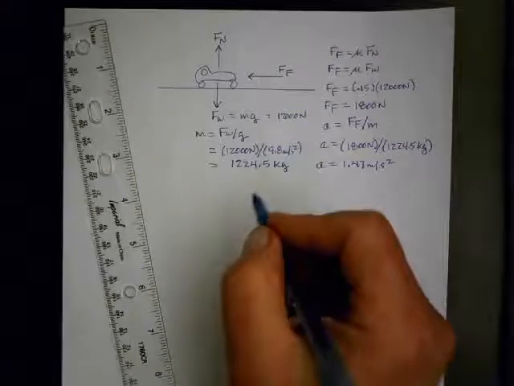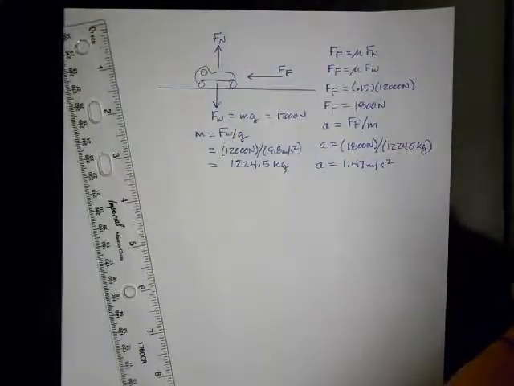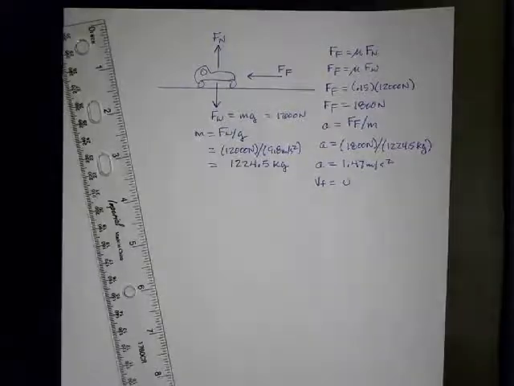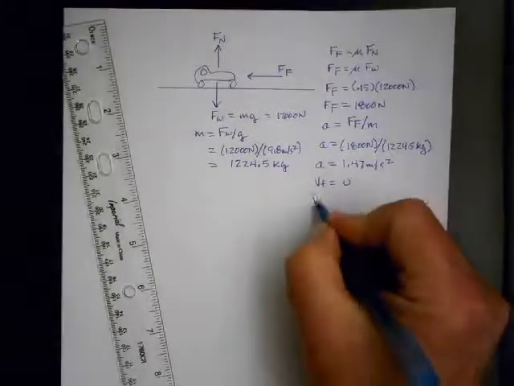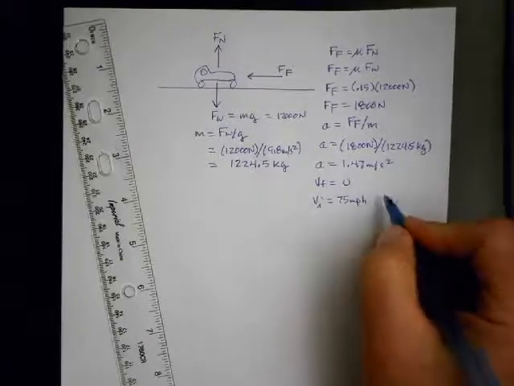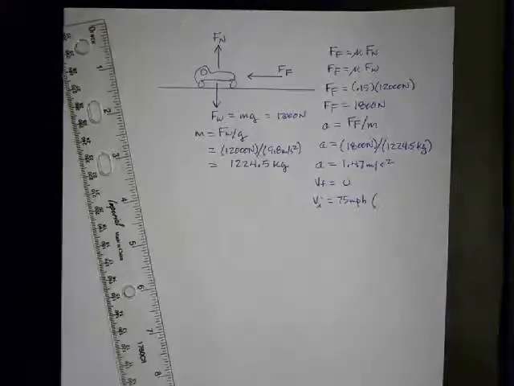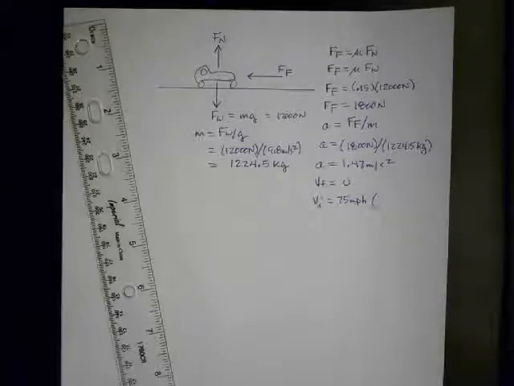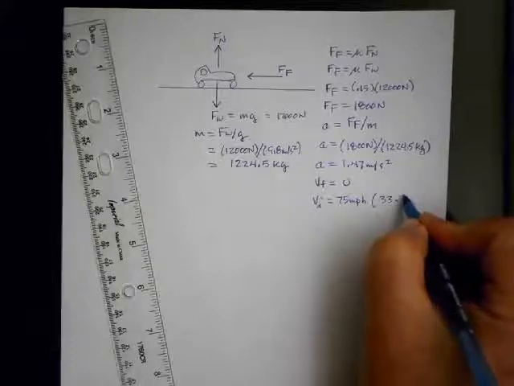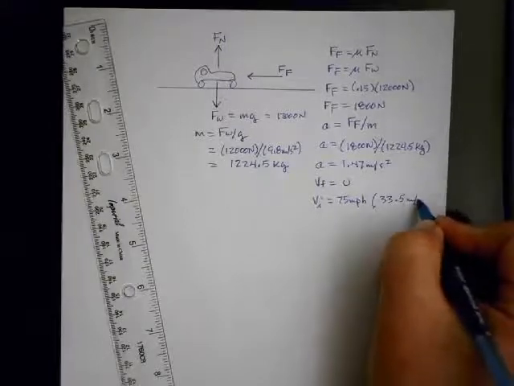Now, the question is about coming to a stop. So my VF is 0. My VI was 75 miles per hour, which if I go through, let's see, what we had before, that'll be 33.5 meters per second.